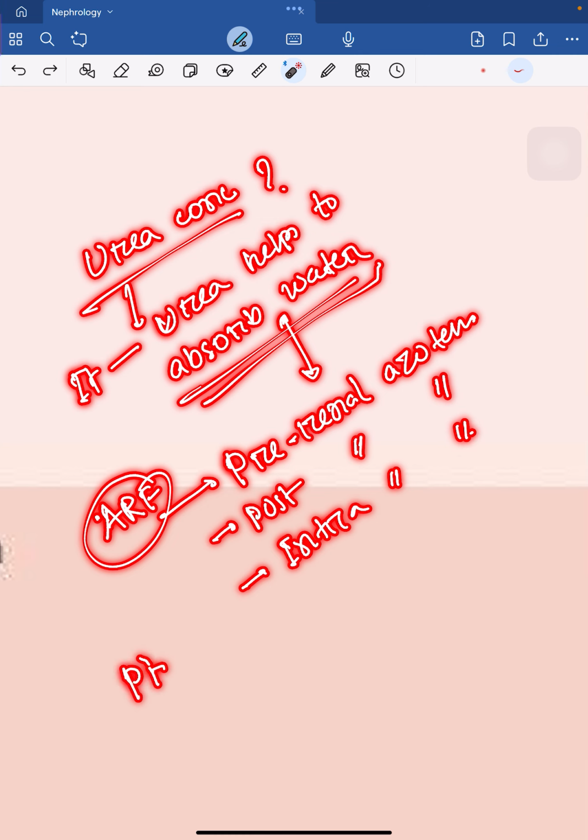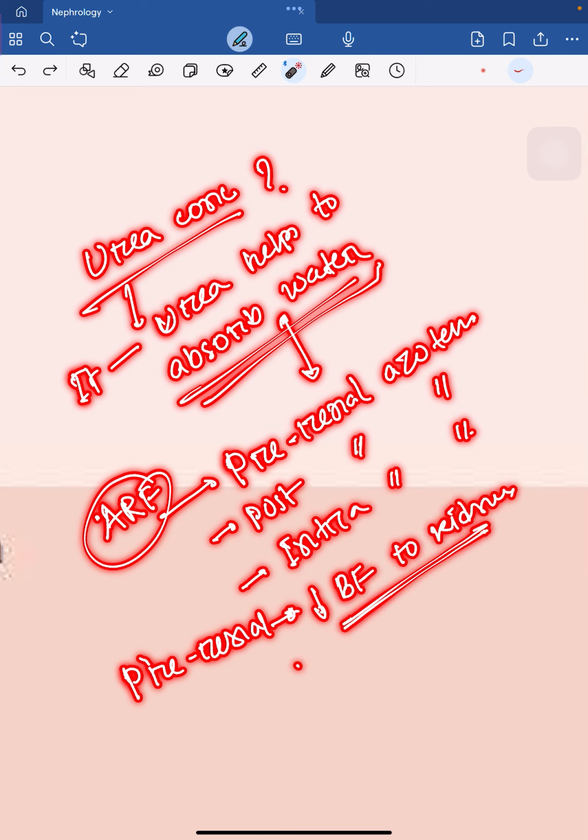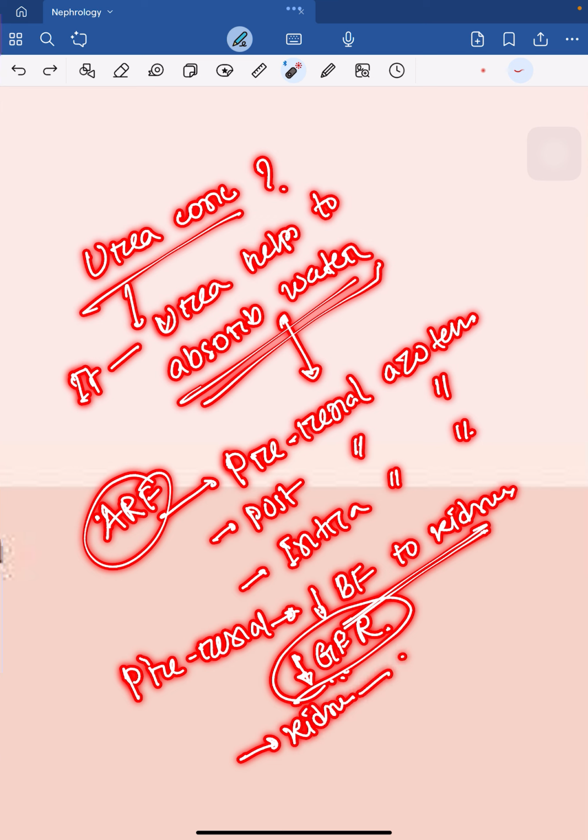In prerenal azotemia, it is due to decreased blood flow to the kidney. So the kidney cannot work properly, GFR decreases, but as the kidney is intact, the kidney will try to absorb more water to maintain volume.